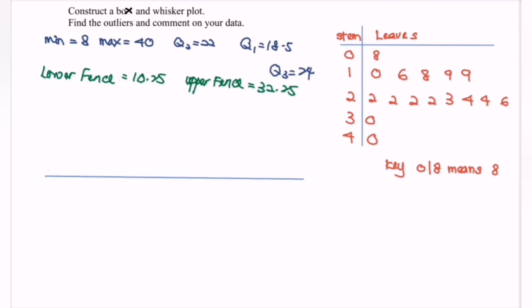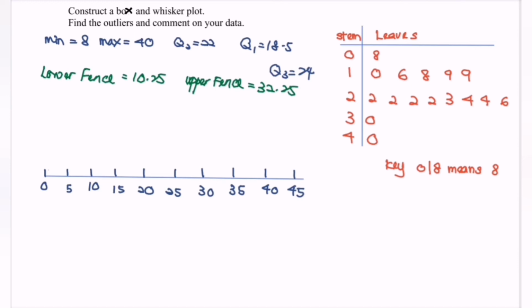So my suggestion would be the starting point will be 0. Then we have 5, 10, 15, 20, 25, 30, 35, 40, and 45.